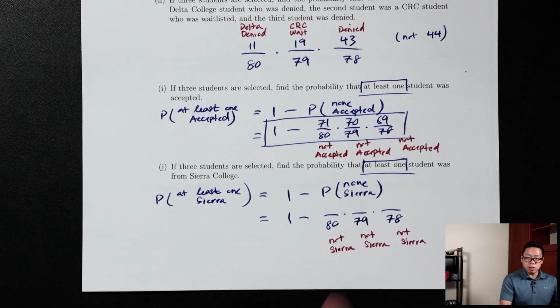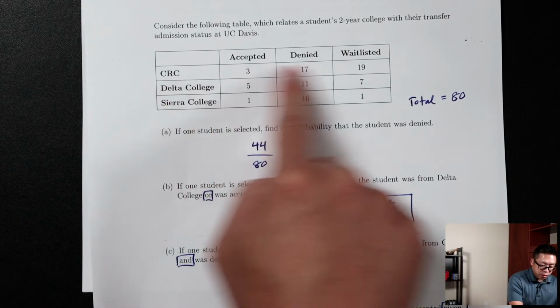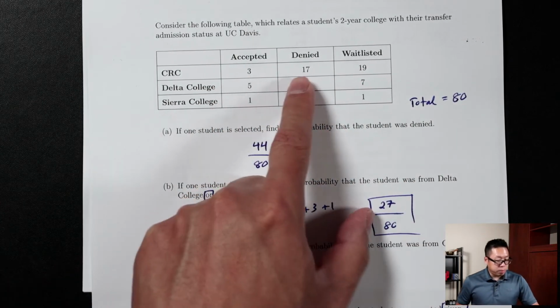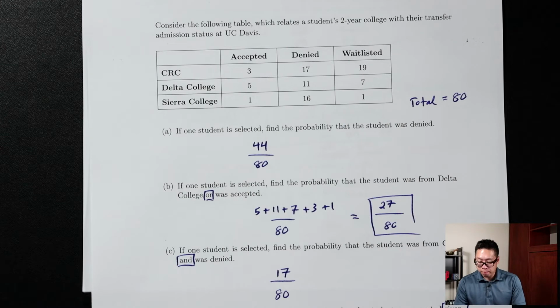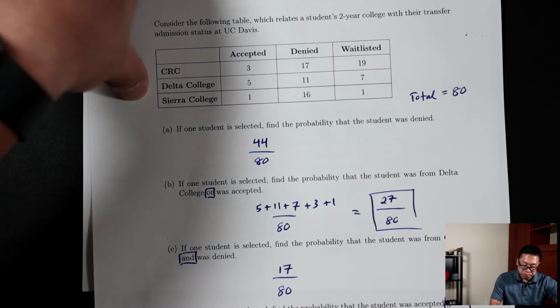So not Sierra would be all the CRCs and all the deltas. So the first 2 rows here. 3 plus 17 plus 19, plus 5 plus 11 plus 7. That's 62.